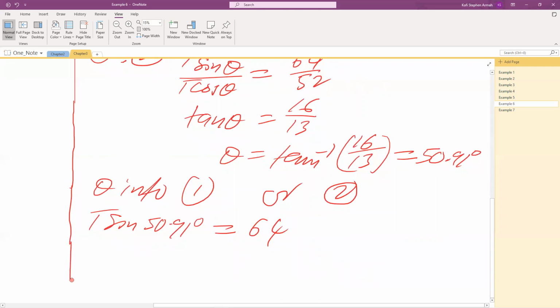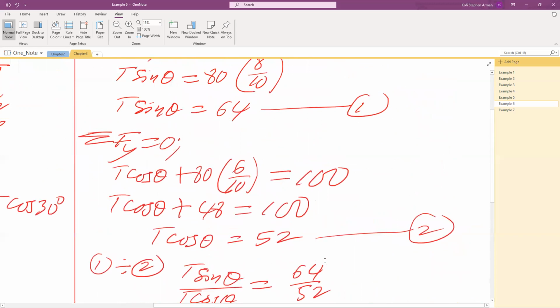So then this will end up to be 64 divided by sine the angle that I have on my calculator. Yes. And I'm getting this to be 82 point, let's say 46 newtons. Okay, cool.